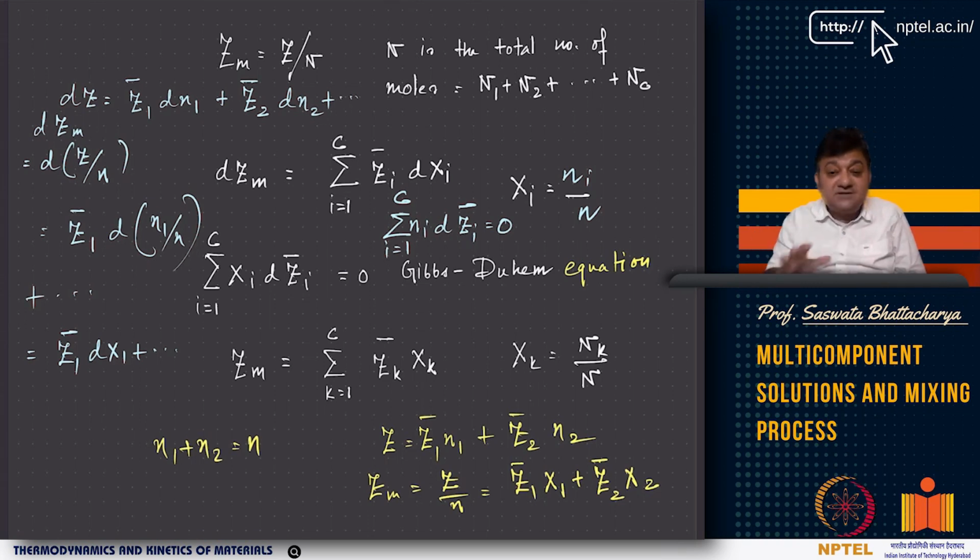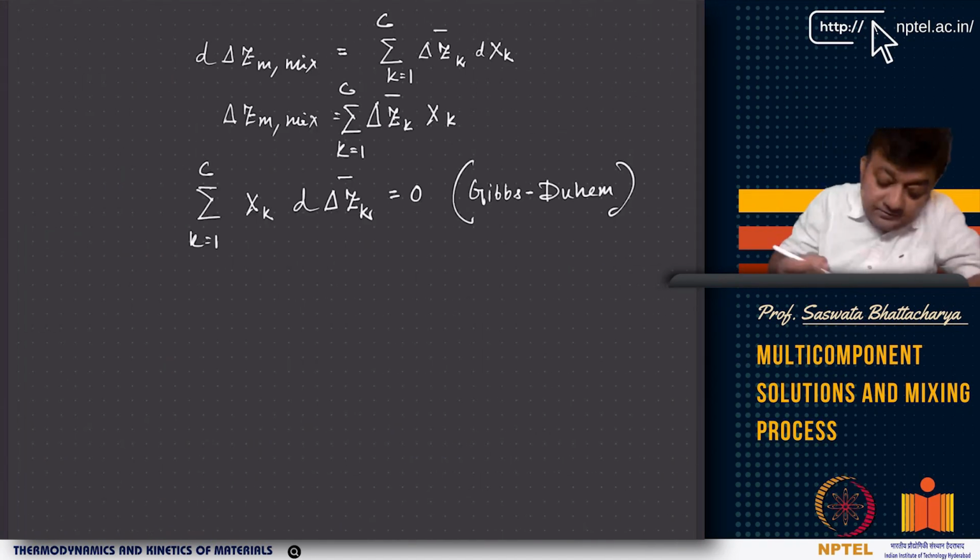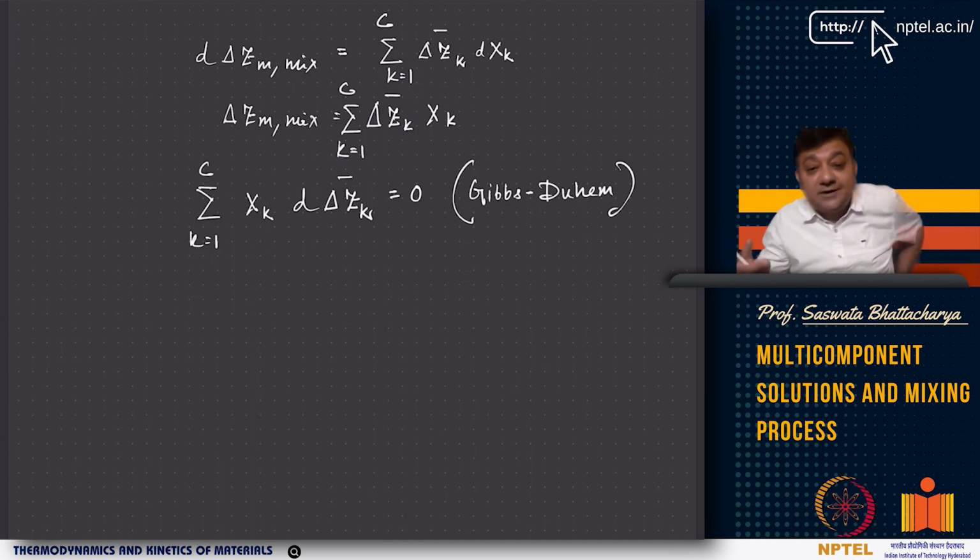I am just reprising so that you are clear with all these important concepts, okay? Now, as you can see, if we do it for the change in the molar free energy, we looked at our molar property. We looked at change in property due to mixing.